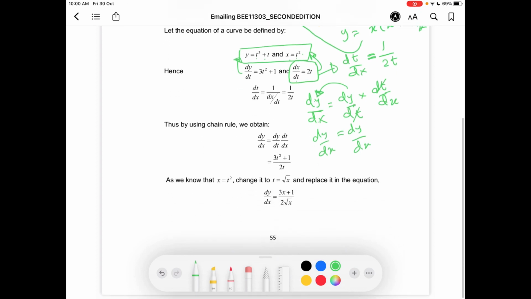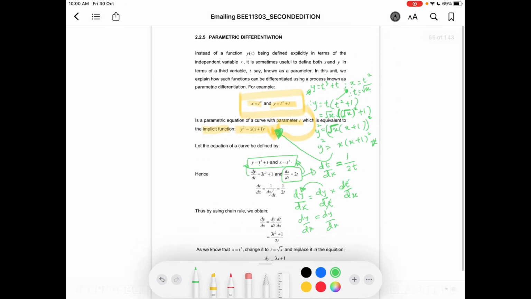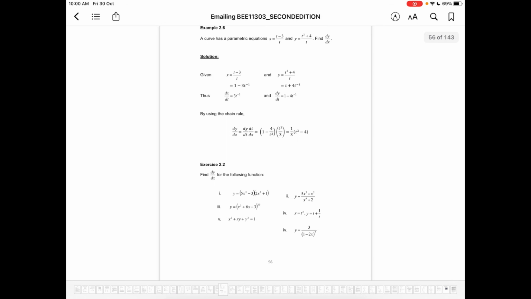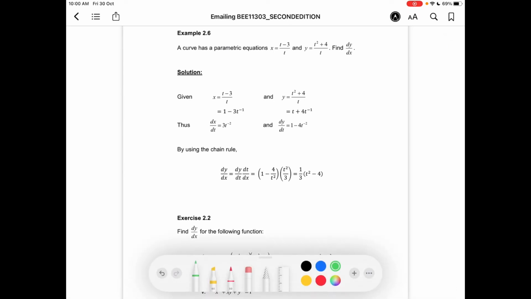Okay, if you're still confused, let's see this example 2.6. Let's say a curve has parametric equations x equals t minus 3 over t and y equals t squared plus 4 over t.